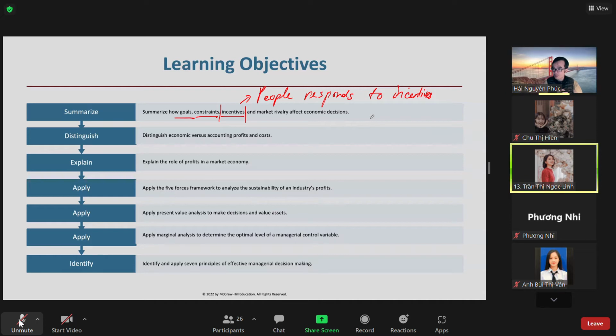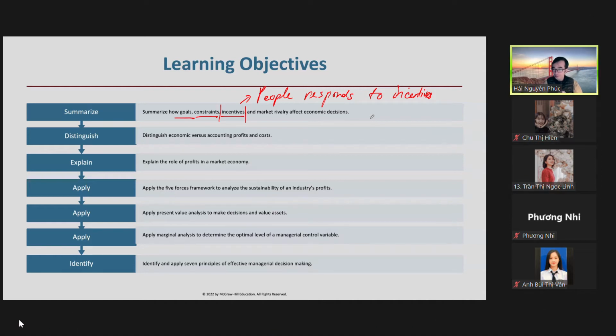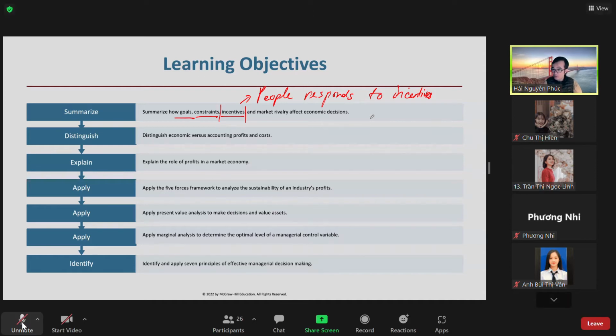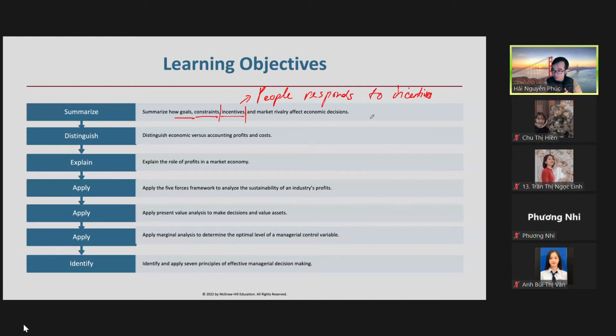What kind of incentive? Your marketing. Marketing, you advertise more, right? What else? You can reduce the price, right? And by reducing the price, you will create incentive. You can encourage people to buy the goods. Understand?